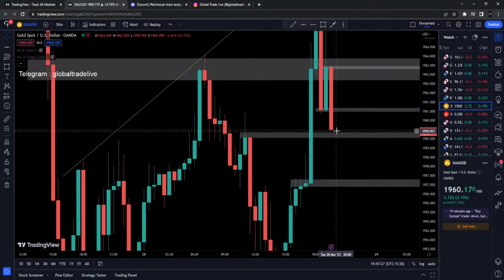So it's gonna break its own low actually, and when that happens, there will be volume pushing the price down.